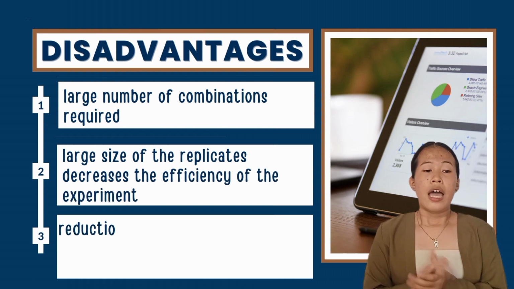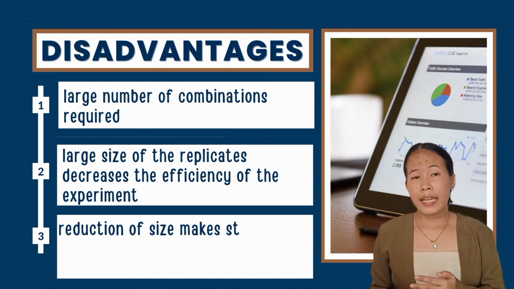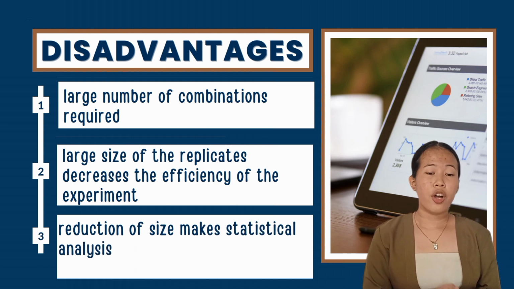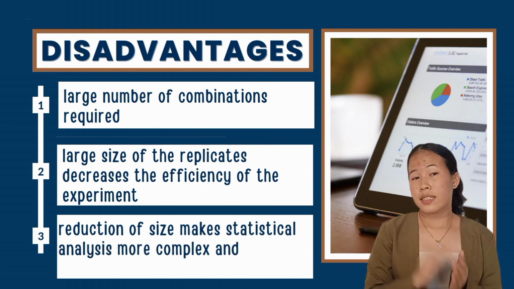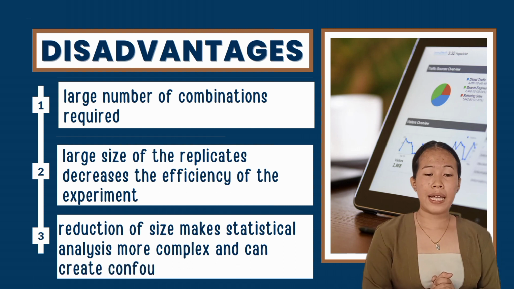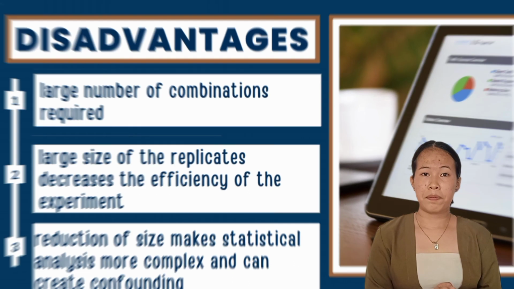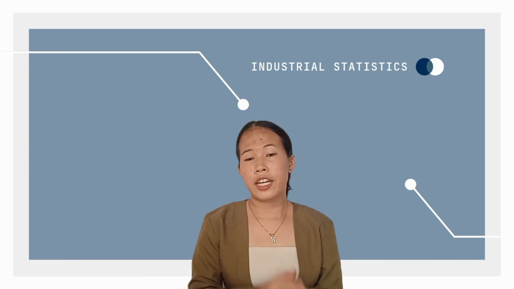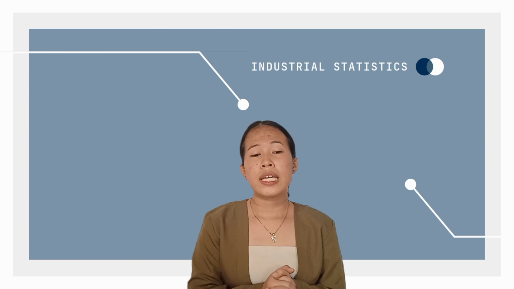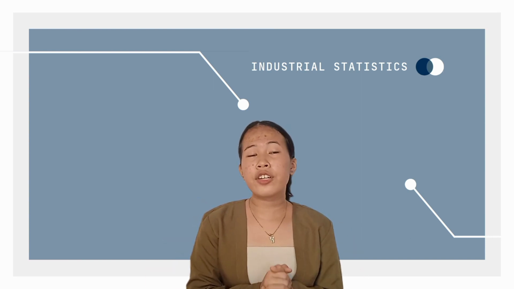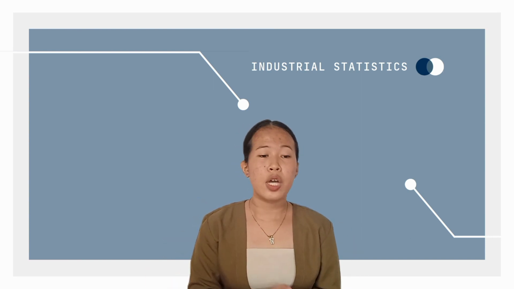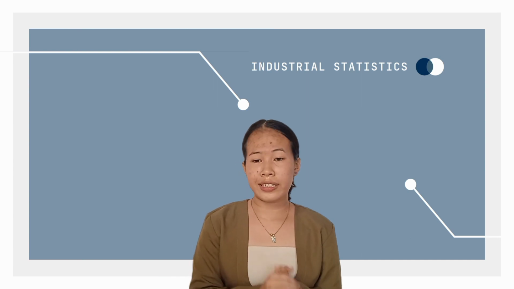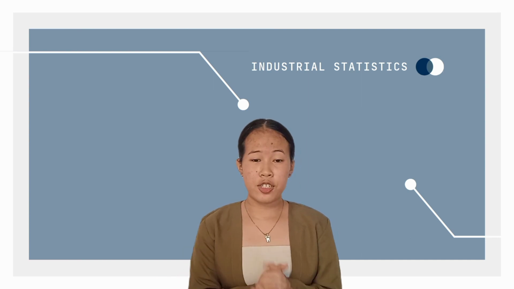And third, reduction of the size of the replicates by fractional replication or other means makes statistical analysis more complex and can create confounding. Along with testing the effects of 2 treatments in a factorial treatment structure, it is possible to test for the interaction effects of the 2 treatments whenever multiple measures are taken in each cell of the design.